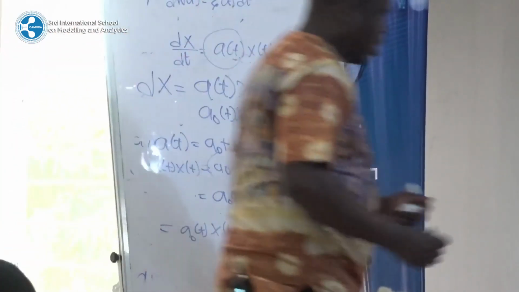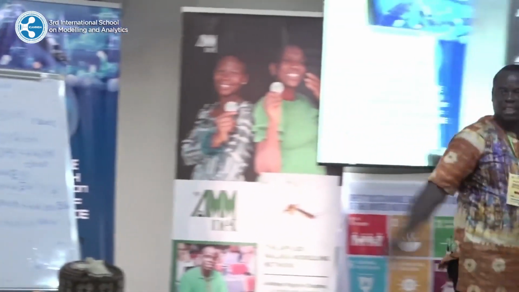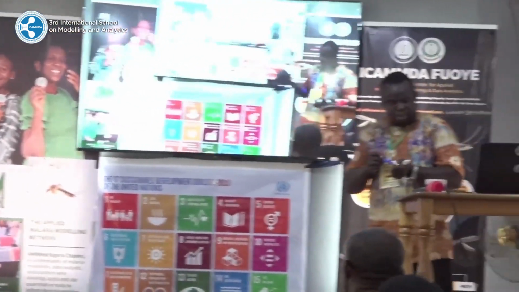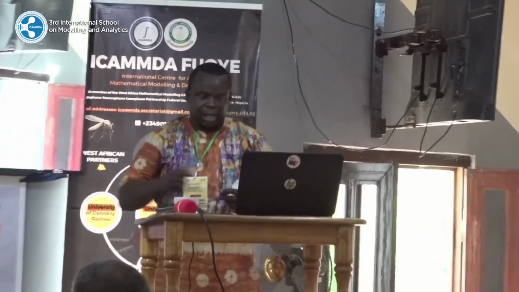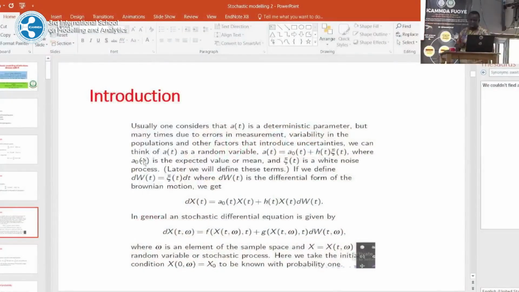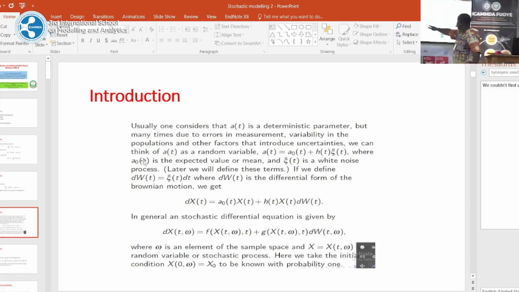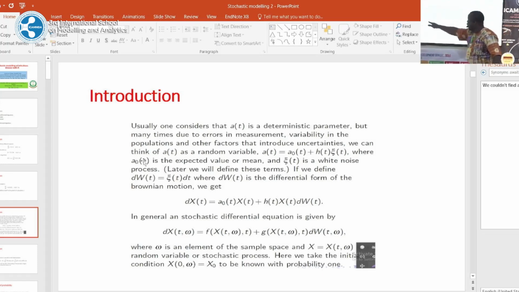So now this particular expression has become, where dw of t is the differential form of the Brownian motion.